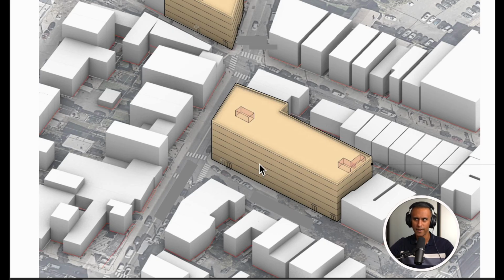This is a corner lot. Corner lots are good because there's a lot of light and air around the building. It's not wedged up mid-block against two smaller buildings. And seeing it visually like this helps people that sit in planning and zoning get more comfortable with what we're proposing, showing them visually what this looks like.